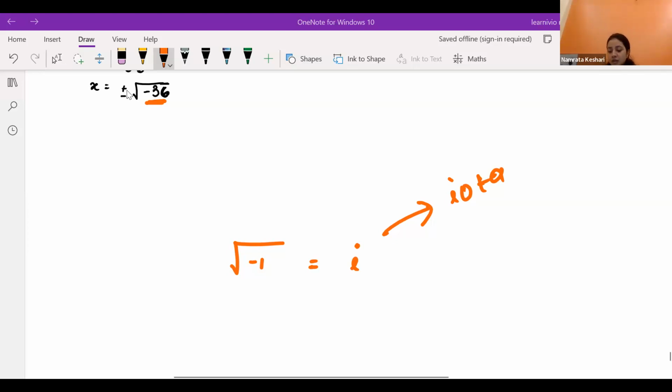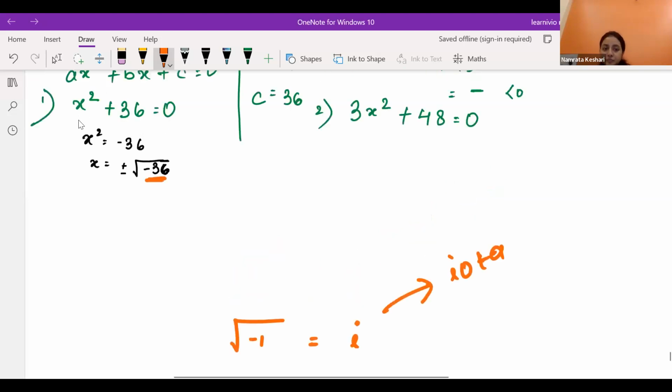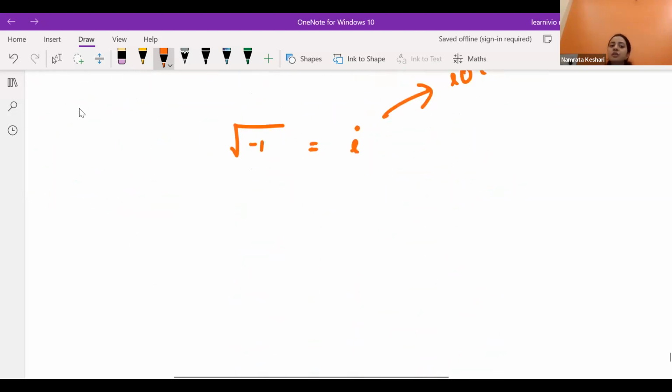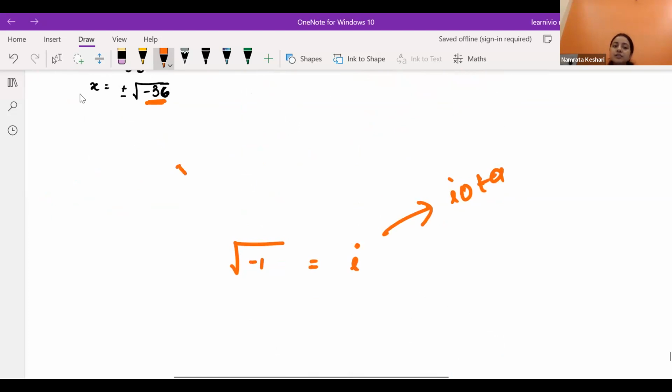From now onward, whenever we get a negative value inside the root sign, we will call it i. This imaginary part we represent with small i, which is called the iota sign. So what about this under root minus 36?